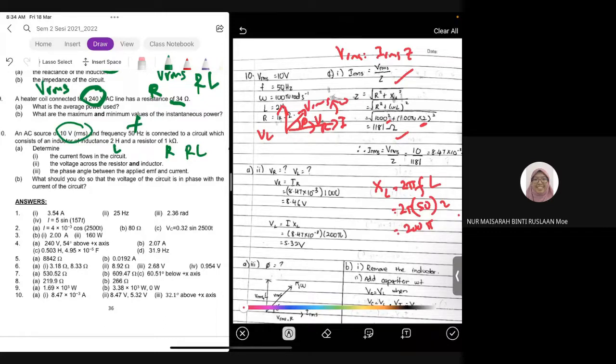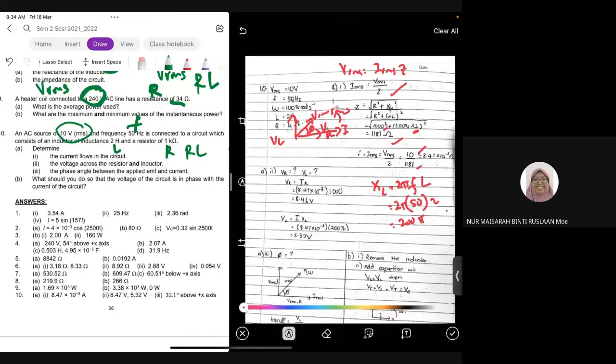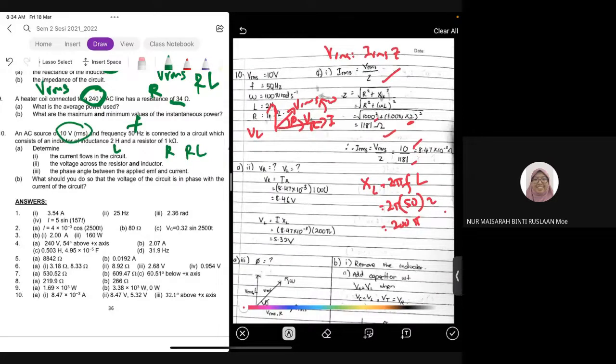So now Z is found. 10 is the VRMS, divided by Z, so he gets the answer 8.47 times 10 to the power of negative 3 ampere.